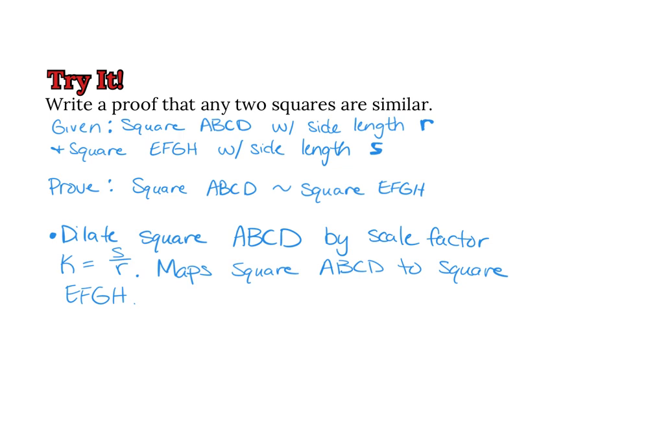So square ABCD is similar to square EFGH.